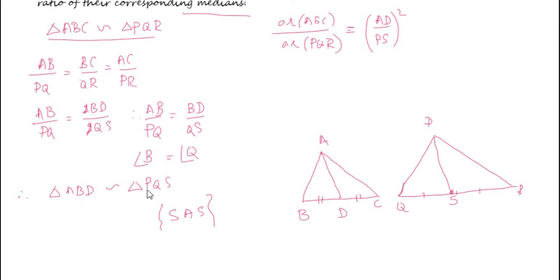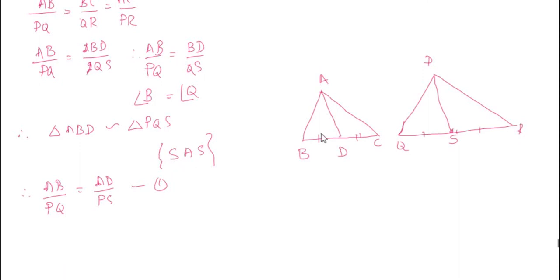When two triangles are similar, then the ratio of their corresponding sides are equal. Therefore, AB by PQ is equal to AD by PS. So let us call this as 1.